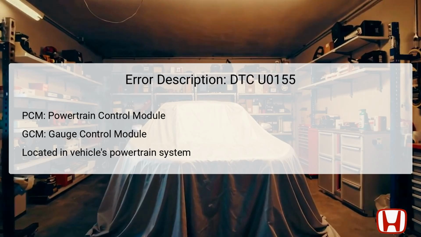If the PCM fails to receive signals from the GCM due to issues like power supply failure, the code will trigger. The exact locations of these components can vary by model, but generally, the PCM is positioned near the engine bay, while the GCM resides in the dashboard area or hidden behind the instrument panel. Ensuring both components are functional is vital for vehicle performance and reliability.